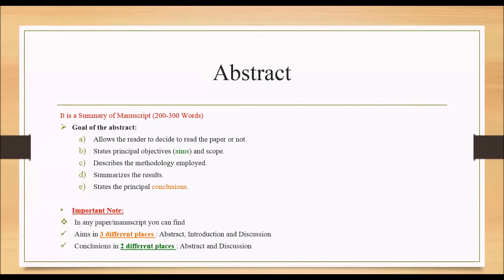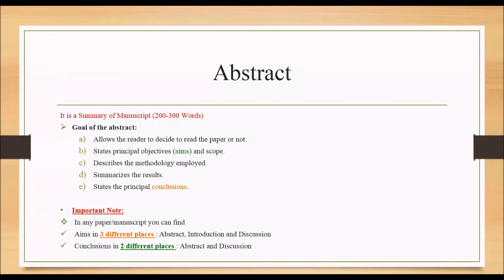You have to write the aim or objective of your research. Why are you conducting this? You have to describe the methodology that you employed, simply, you don't have to give a very clear or very specific description about the methodology.